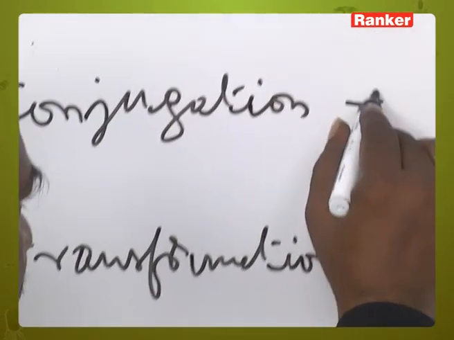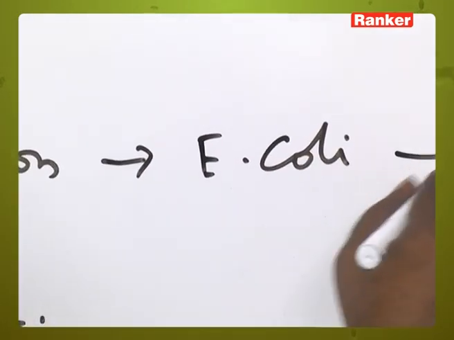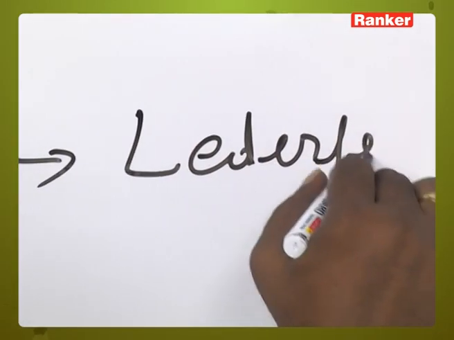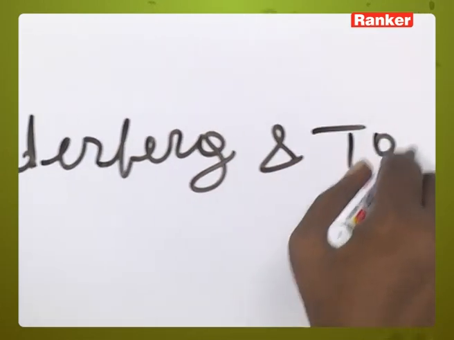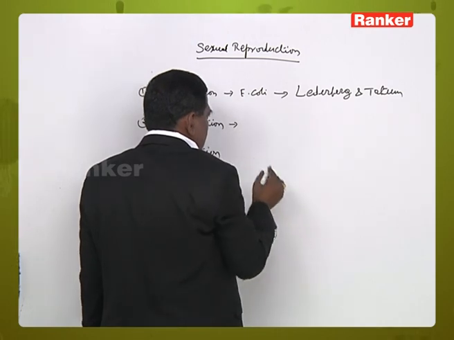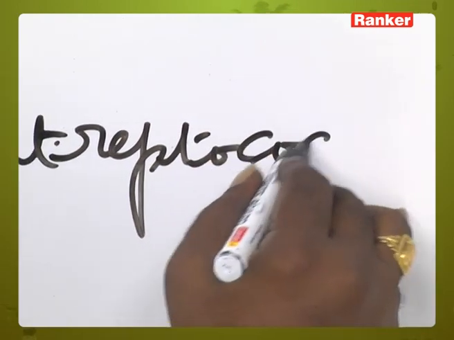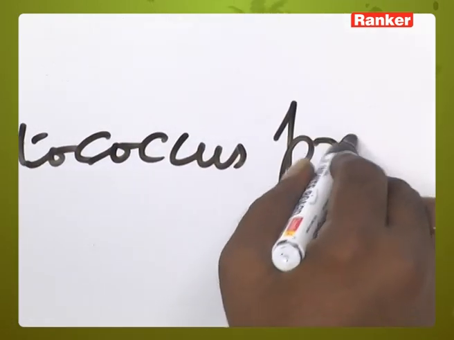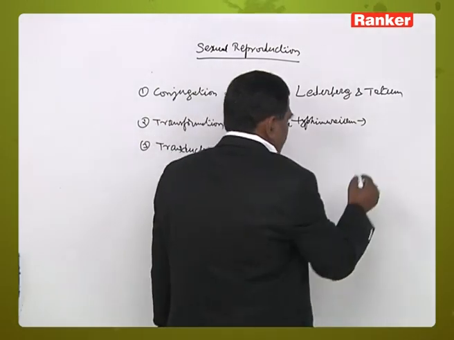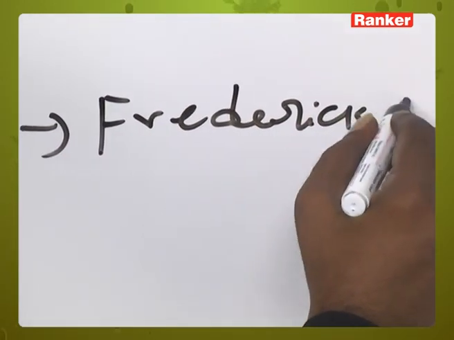Conjugation was first observed in E. coli, Escherichia coli, by Lederberg and Tatum. Transformation was first observed in Streptococcus pneumoniae by Frederick Griffith.